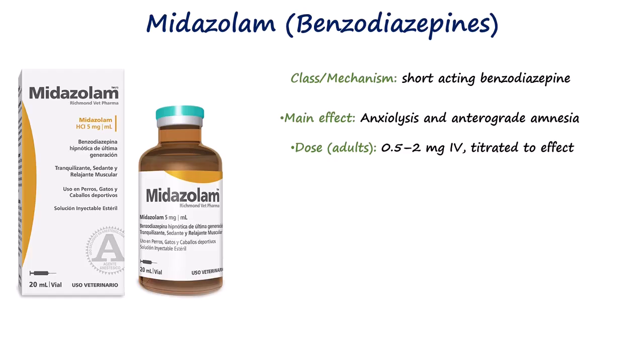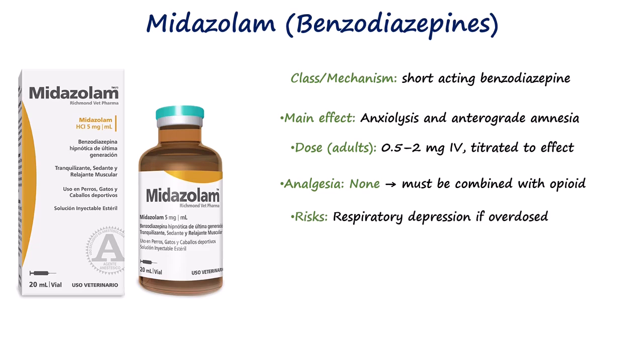Unlike opioids or dexmedetomidine, midazolam doesn't provide any pain relief, so it's typically combined with an opioid such as fentanyl or remifentanil. We also need to be careful with dosing, because overdosing can lead to respiratory depression. Other benzodiazepines, like low-dose diazepam, are used less often due to their longer duration of action.